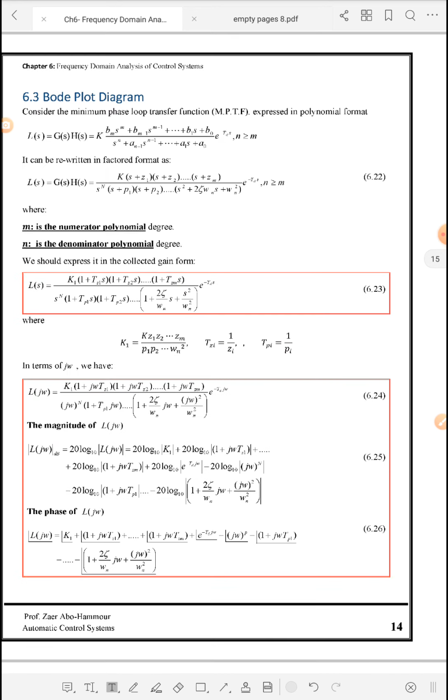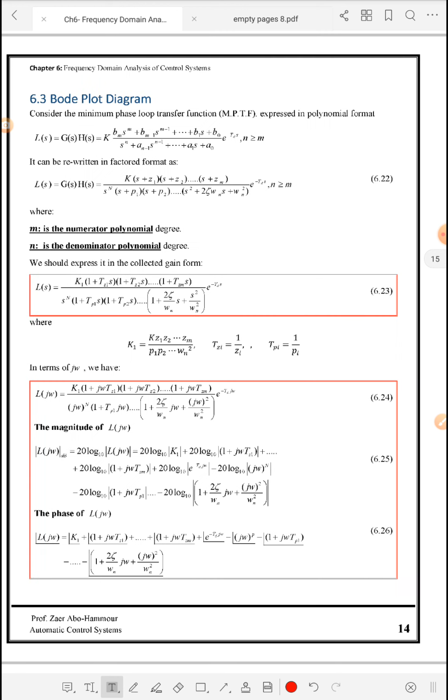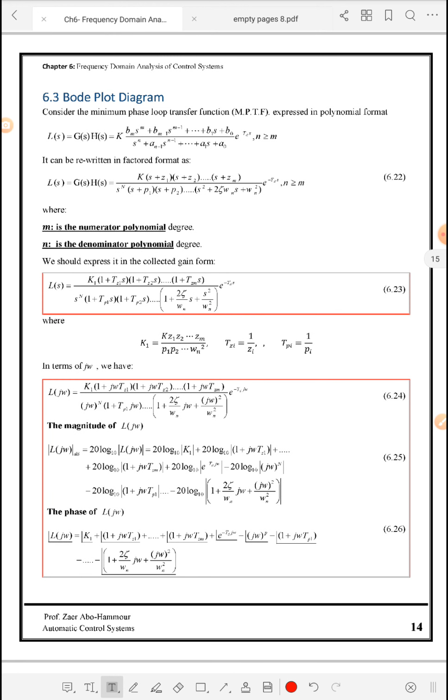So let's conclude the previous section and go to the most important section in this chapter, which is about the Bode plot diagrams. In Bode plot diagrams, we will assume that we have a minimum phase loop transfer function.